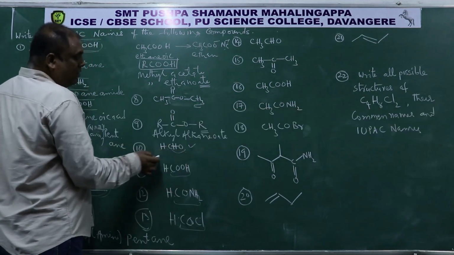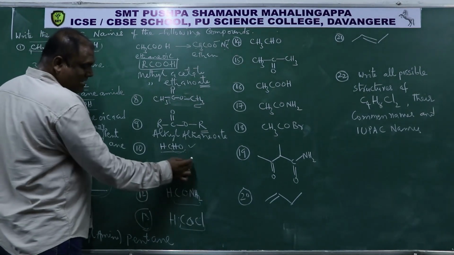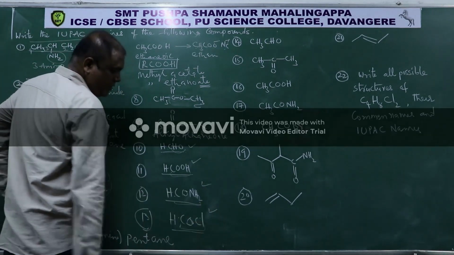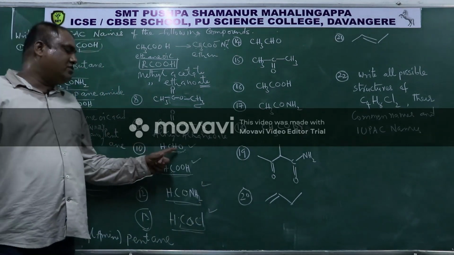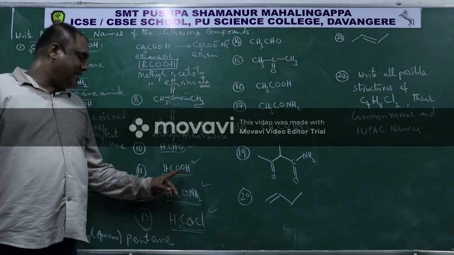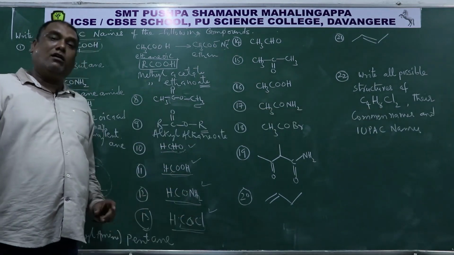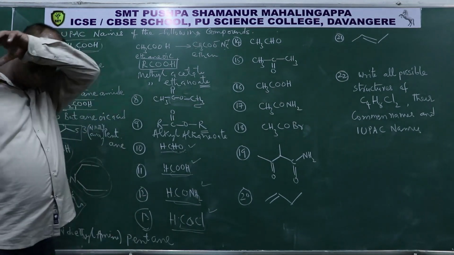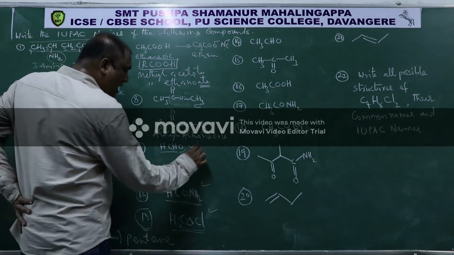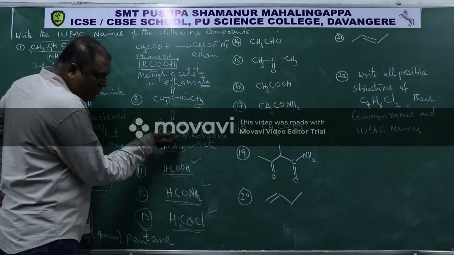Just now I told HCOOH, formic acid, formamide, formyl chloride. HCHO, formaldehyde. HCOOH, formic acid. HCONH2, formamide. HCOCl, formyl chloride. These are common names. Then the IUPAC names. It has only one carbon. For all of these the root word is meth, and there are no side chains. Therefore, there are no prefixes.